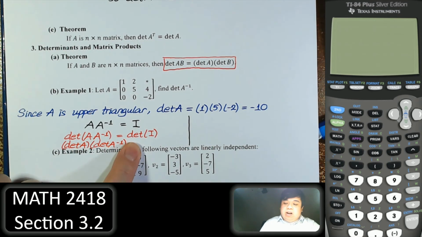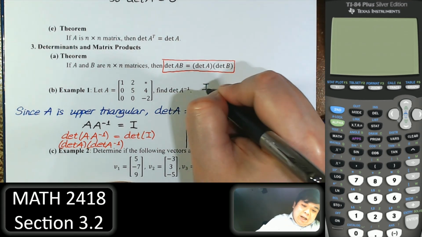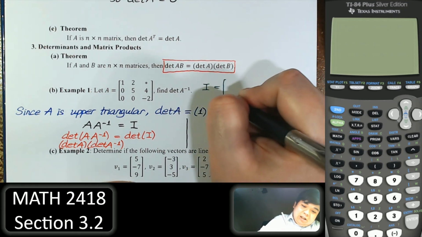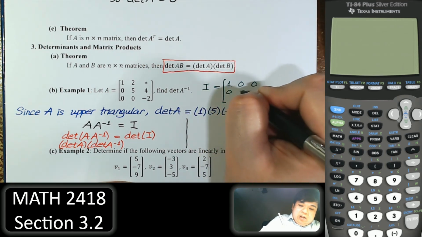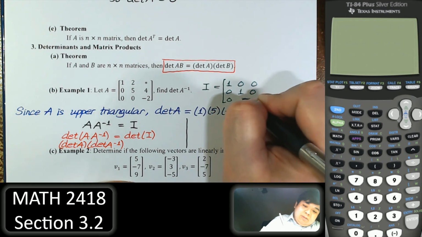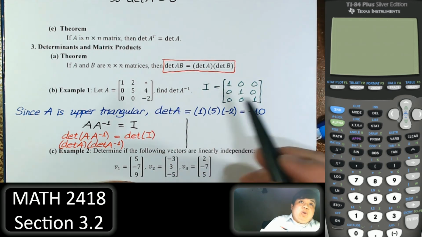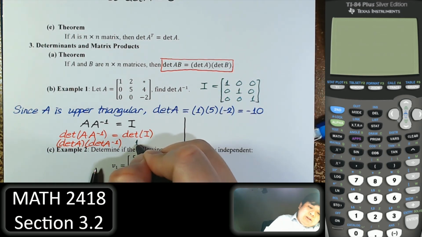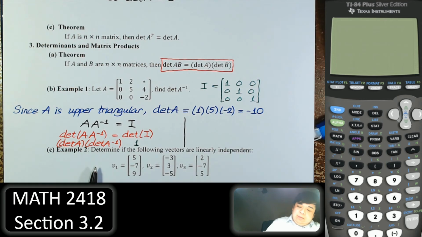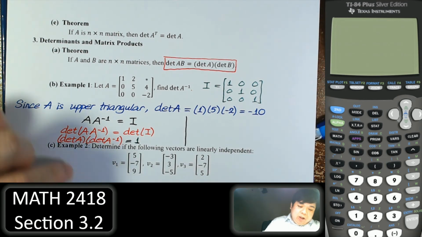Now, what is determinant of identity matrix? So what's so special about identity matrix? Well, identity matrix is the diagonal matrix whose diagonal entries are 1. So this is identity matrix. We only worry about 3 by 3 here. So that's going to be equal to 1. Right, so we continue.